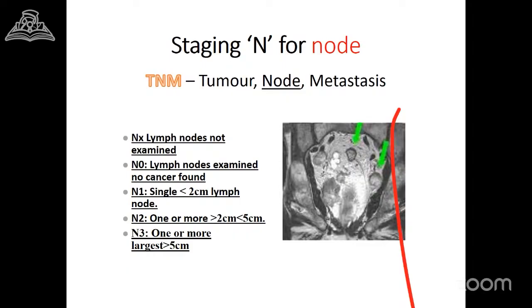N1 refers to a single lymph node less than 2 centimeters. N2 indicates one or more lymph nodes between 2 and 5 centimeters. And N3 refers to lymph node involvement where the largest lymph node is greater than 5 centimeters.